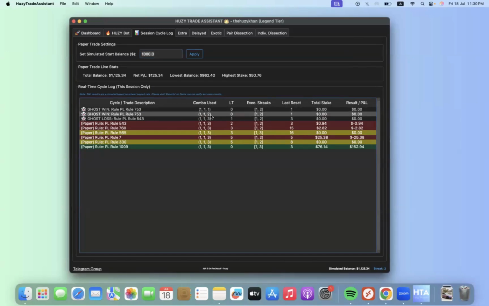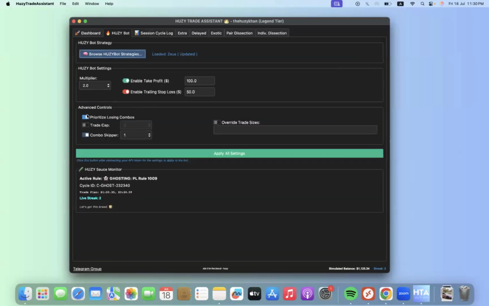This one was assigned 112. Once a rule gets armed, according to the combo, if that rule wins, it is going to move to the end of the queue and wait its turn to appear again if you have the prioritized losing combos turned off.